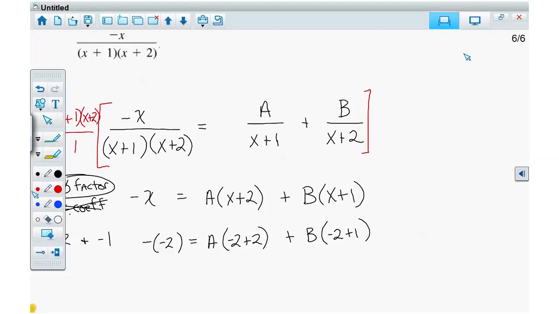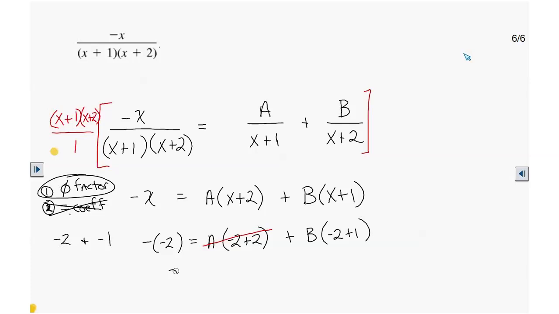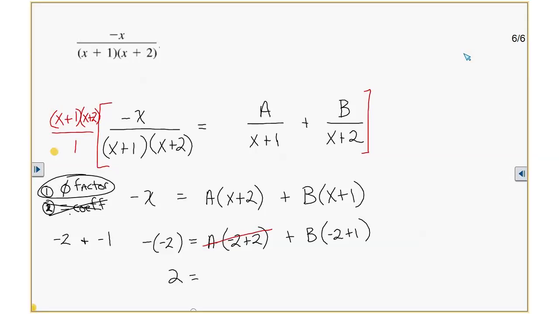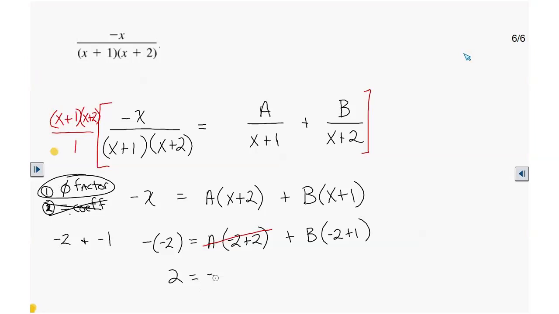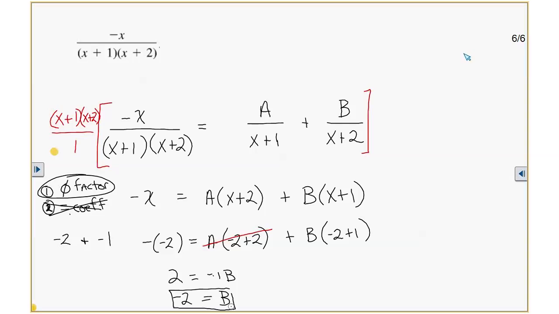It goes away, and that's what will happen. That leaves you with 2 is equal to negative 2 plus 1, which is negative 1B. So B is equal to what? Okay, so write that down. So now you know that B is equal to negative 2.